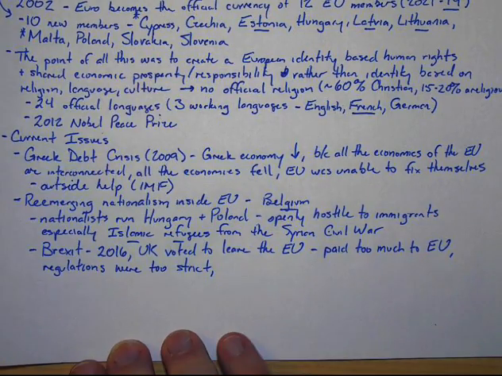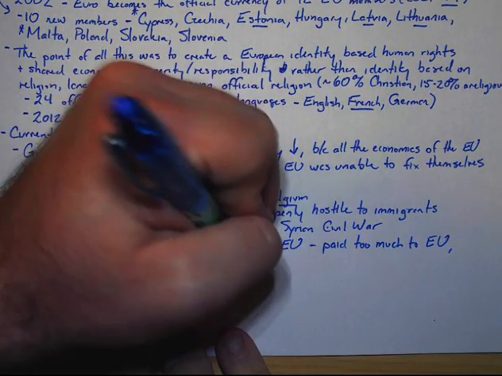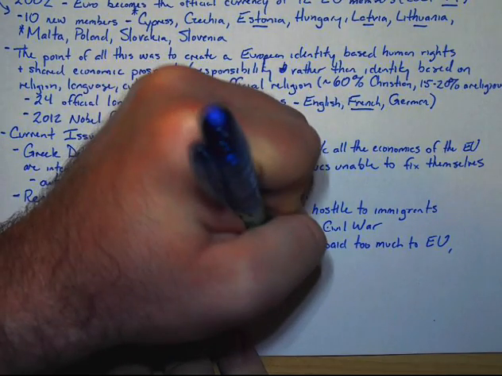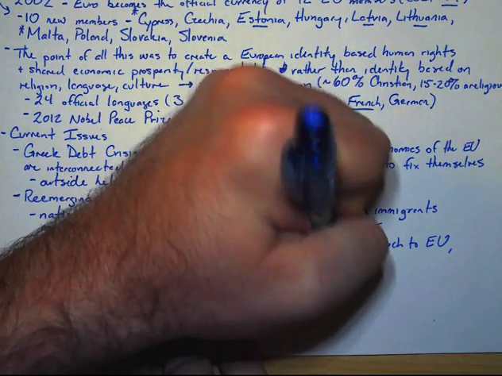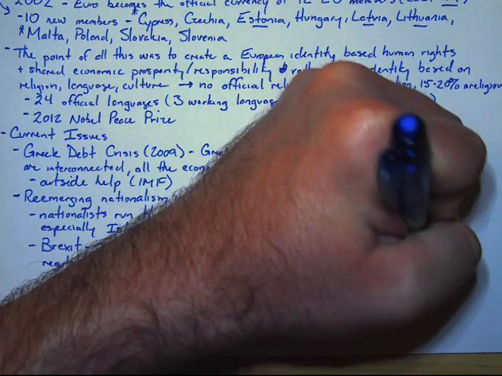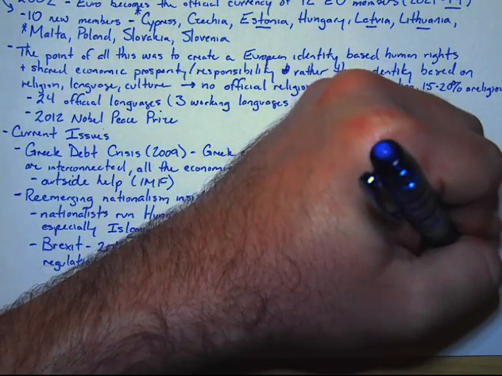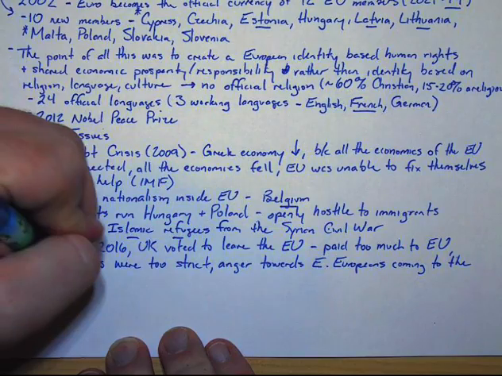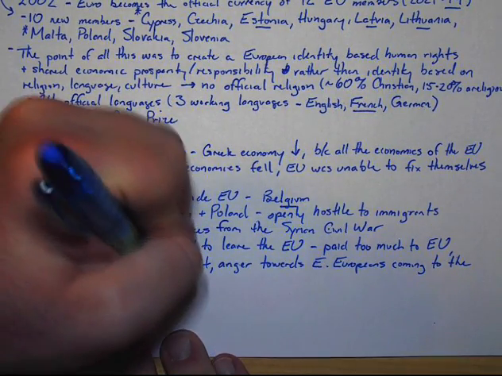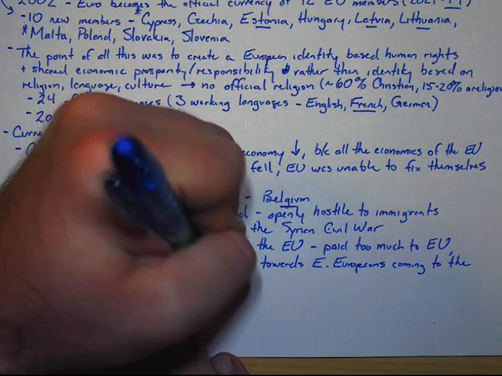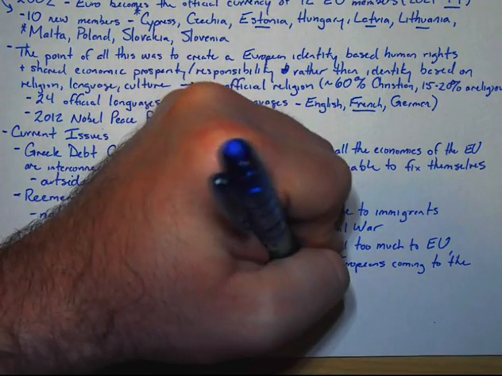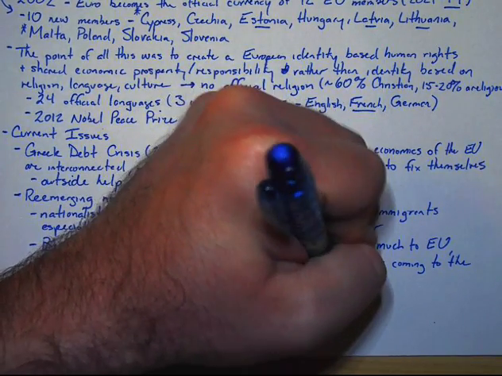But one of the biggest issues dealt with anger towards Eastern Europeans coming to the UK for work, and the claim was they were taking jobs away from British people.